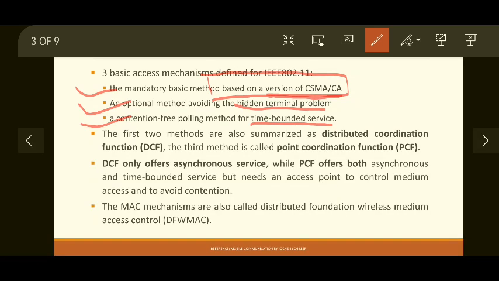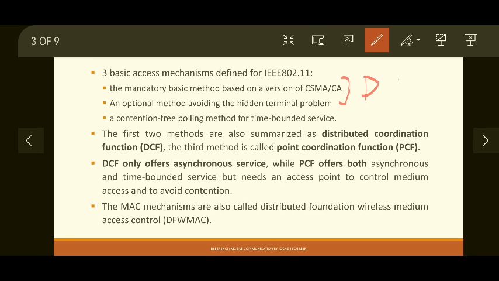So before studying these three mechanisms, let's look at some of the important parameters that we should understand while understanding the working of the medium access layer. The first two methods are called DCF, that is distributed coordination function. That means this medium access is not controlled by a single entity, but is distributed amongst the different nodes.